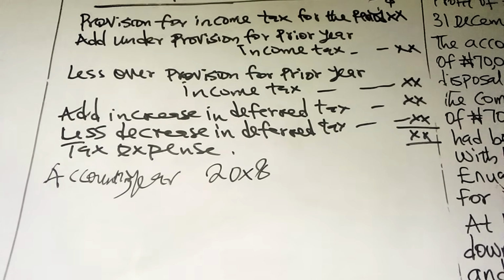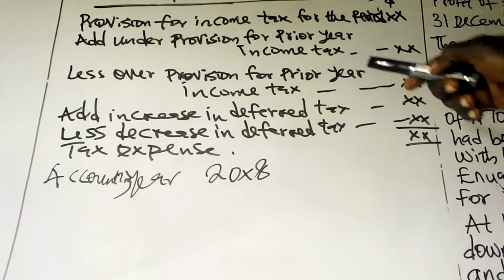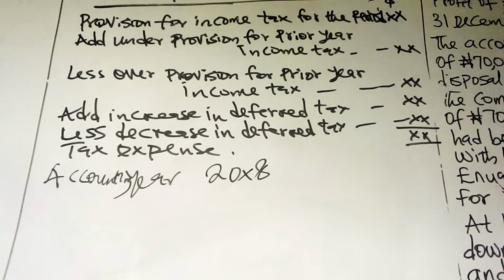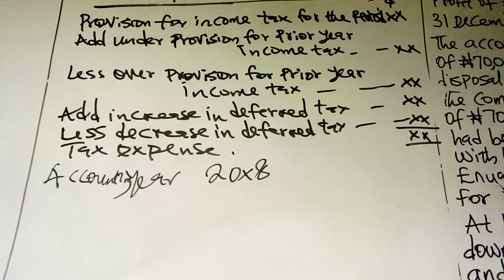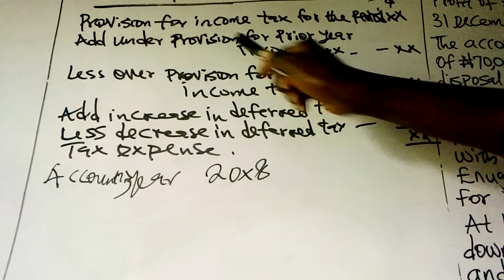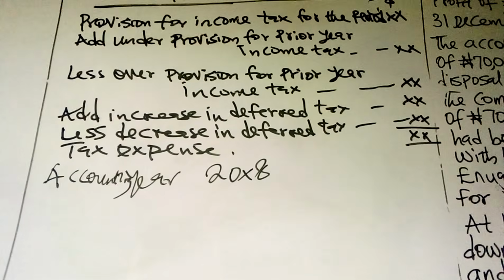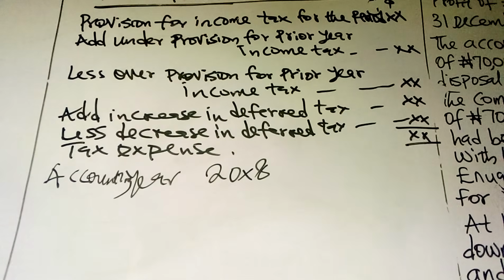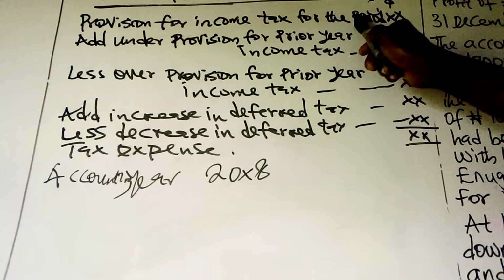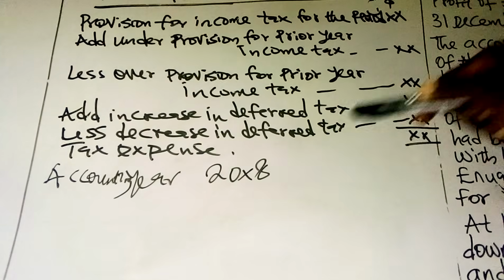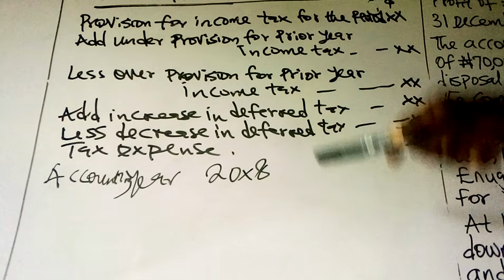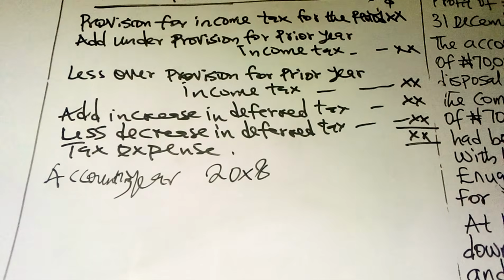It is possible the provision that will be made in the account may not be the same as the amount that the tax authority will agree on as your tax to be paid or tax payable.